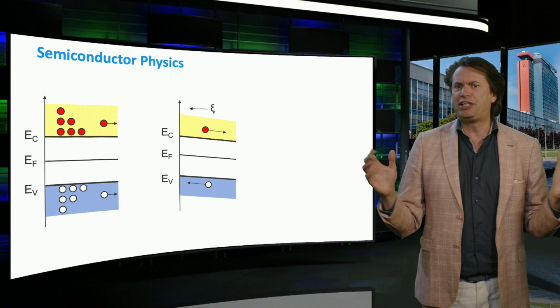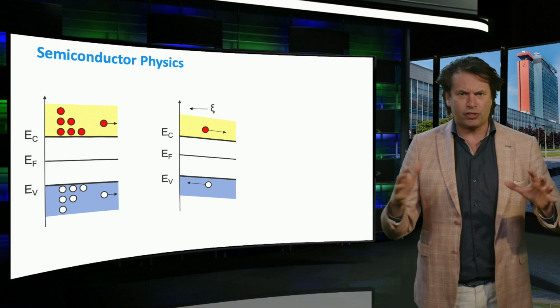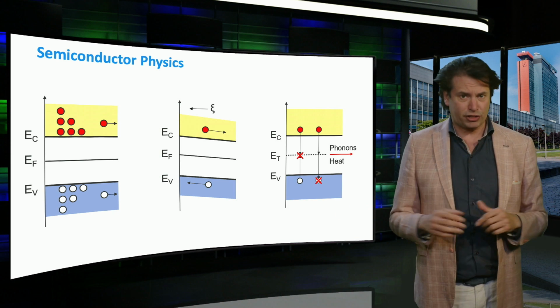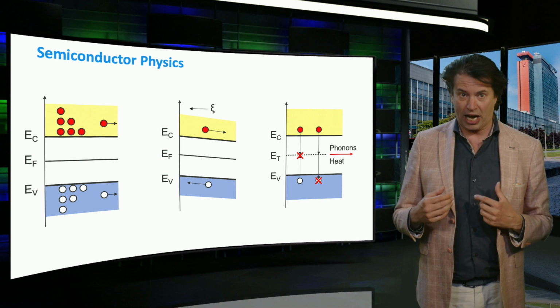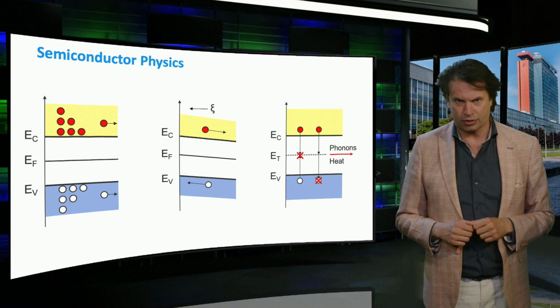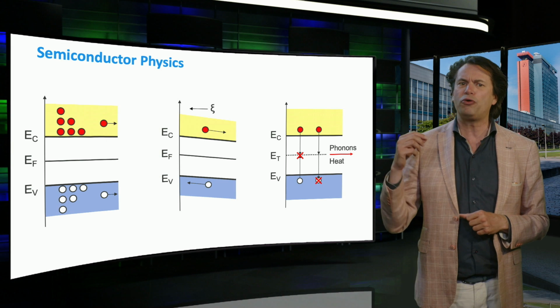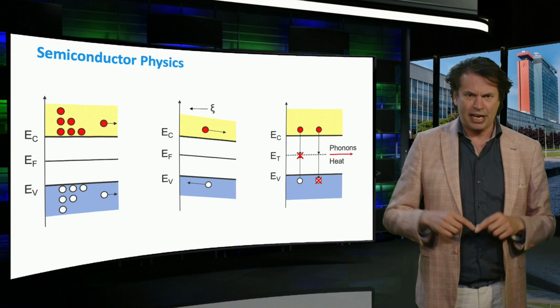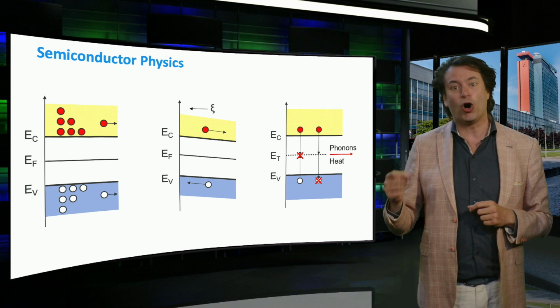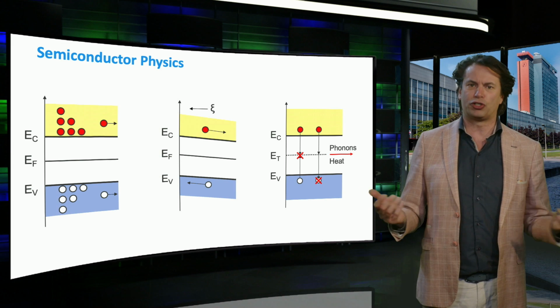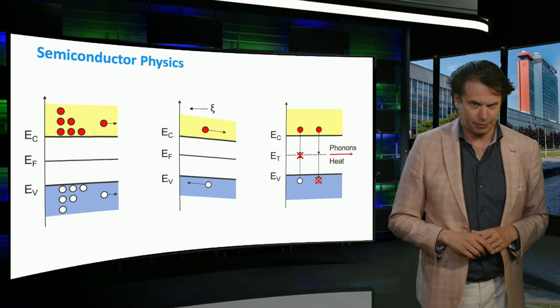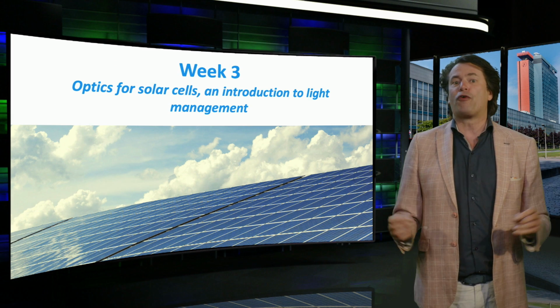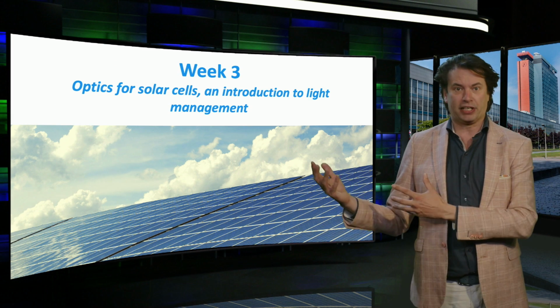You will learn how these charge carriers move around in a solar cell and how extra charge carriers are generated or annihilated in a semiconductor. It is necessary to know these processes in the solar cell in order to properly understand how a solar cell produces electricity. We will then move from semiconductor physics to optics.